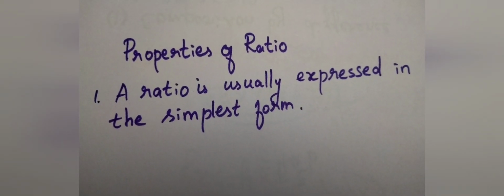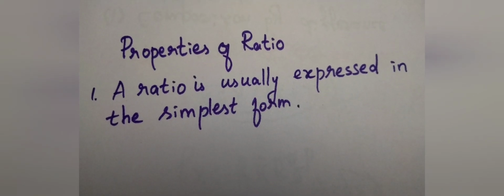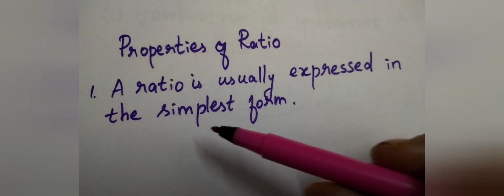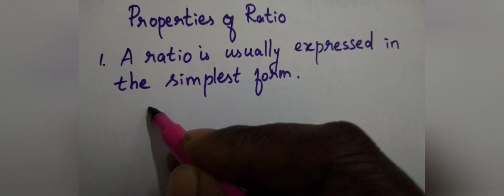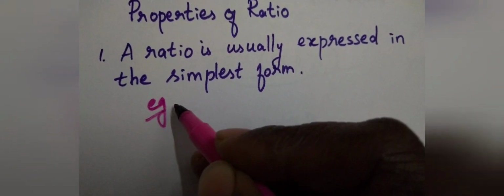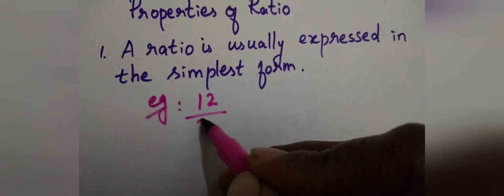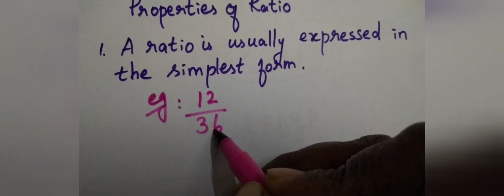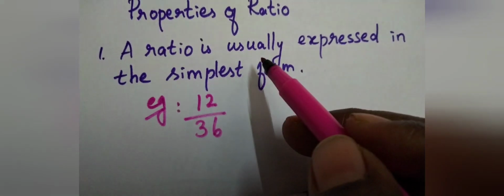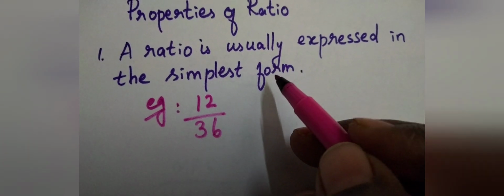Now we see the properties of ratio. First one, a ratio is usually expressed in the simplest form. Let us see an example. See, if it is like this, there is 12 by 36. It should be in the simplest form, isn't it? Ratio should be in the simplest form.